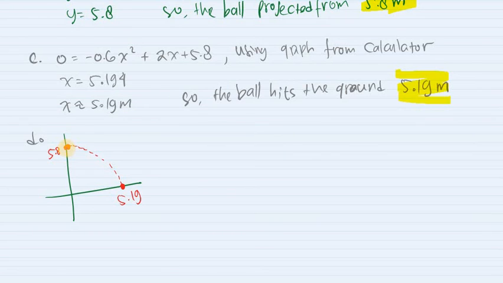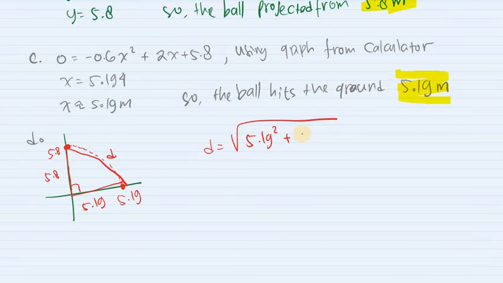The distance between the two, basically 5.8, and then this one is 5.19. And then the distance is this distance. As you can see, this is a right angle triangle, so we can just calculate it using Pythagoras. So the distance equals the square root of 5.19 squared plus 5.8 squared.